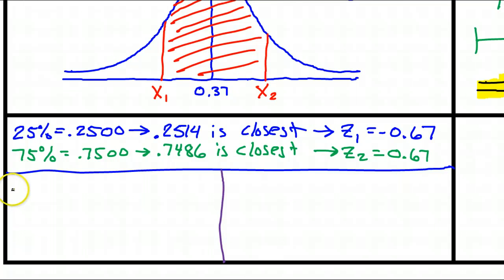So what I have is negative 0.67 is equal to x1 minus the mean, which is 0.37, divided by the standard deviation, which is 0.04. Multiply both sides by 0.04.